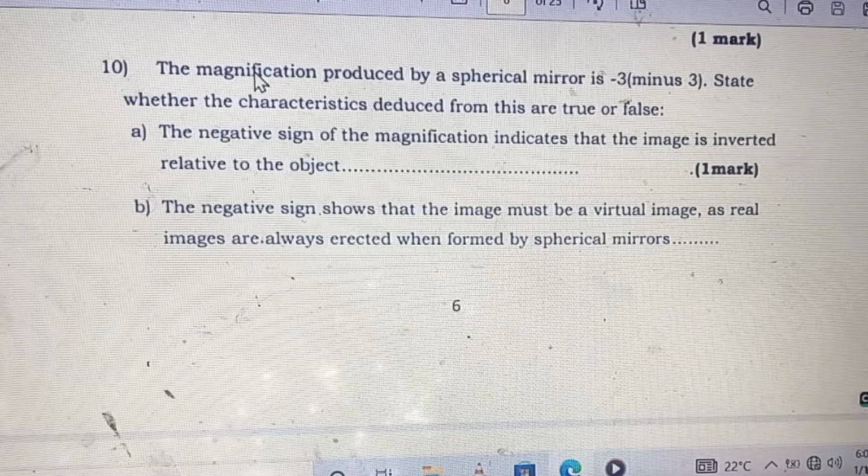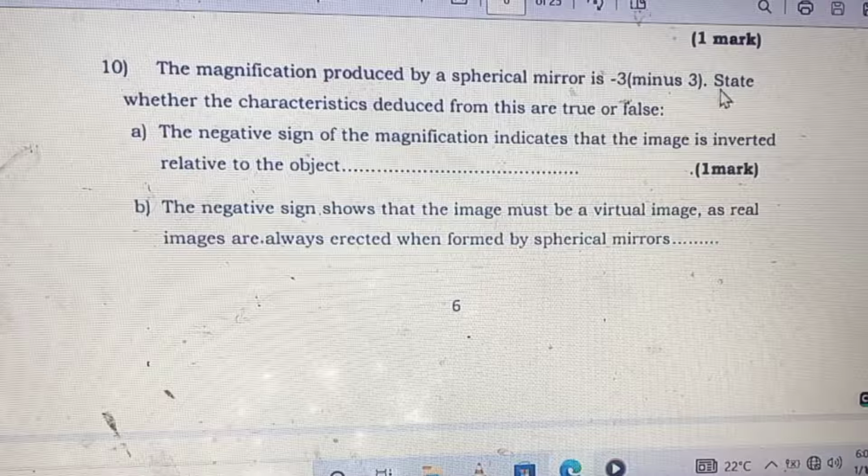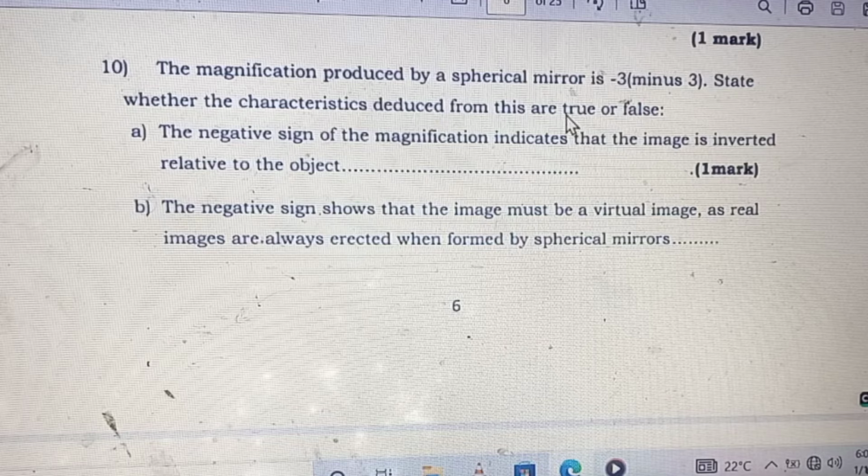Question 10. The magnification produced by a spherical mirror is -3. State whether the characteristics deduced from this are true or false. A. The negative sign of magnification indicates that the image is inverted relative to the object.